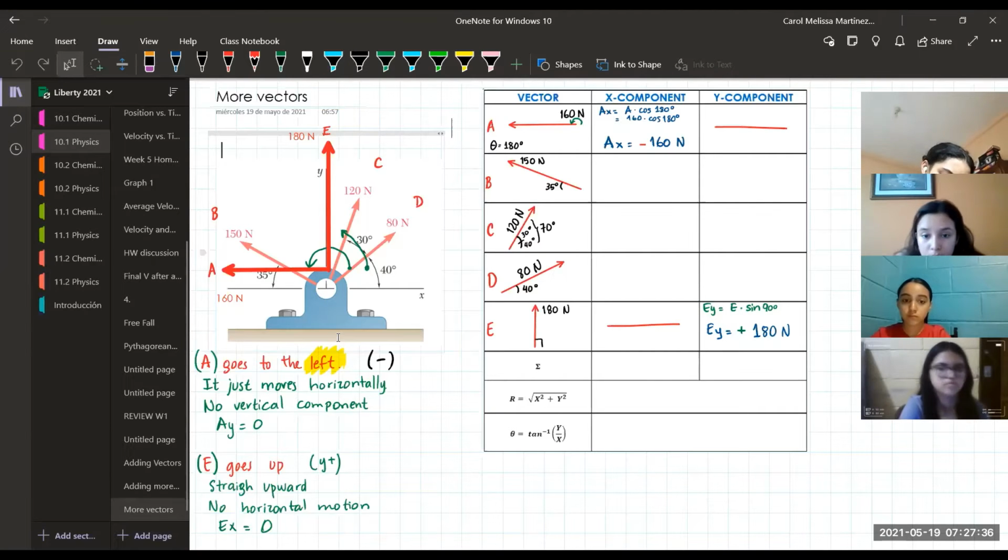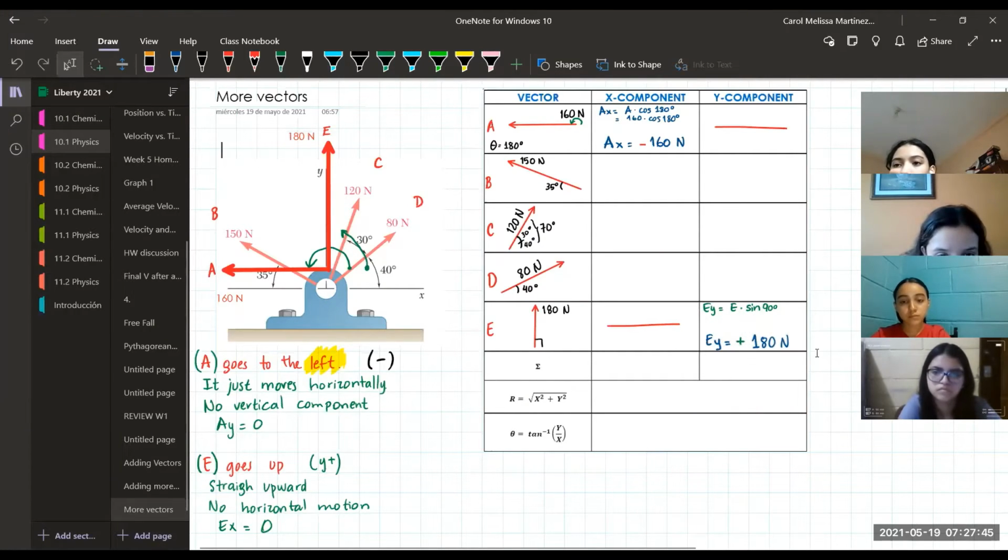It's 1. 1 times 180 is going to give you 180, and it's going to give you the same answer. But as I told you, it is not necessary that you work like that. Just the analysis that you did before, that's enough, in my opinion.